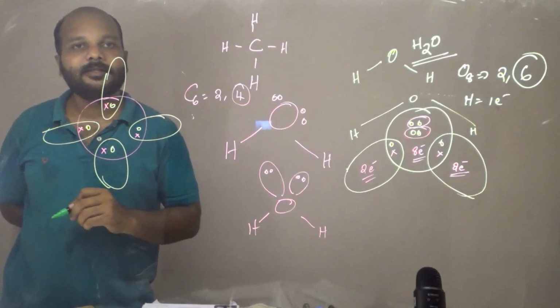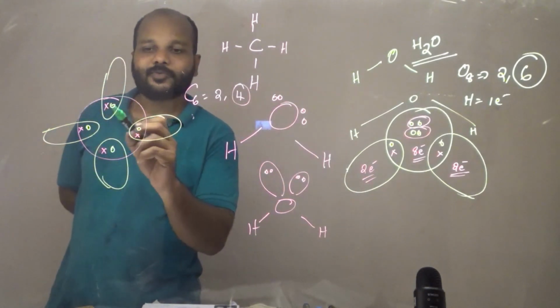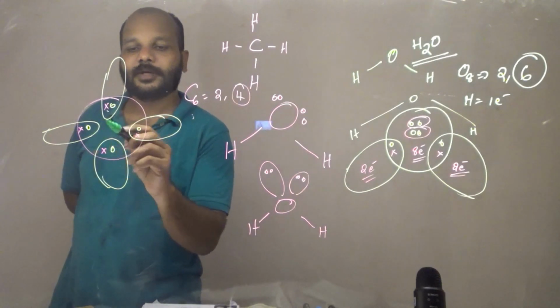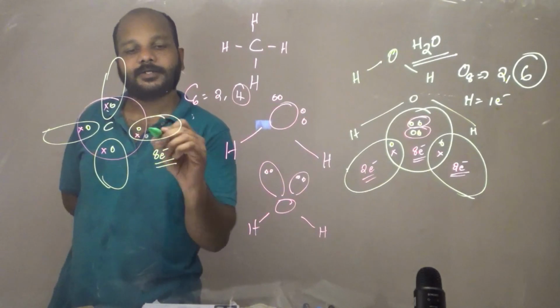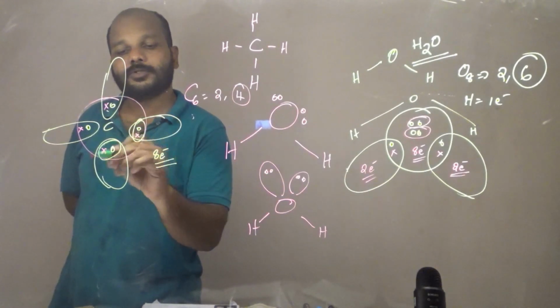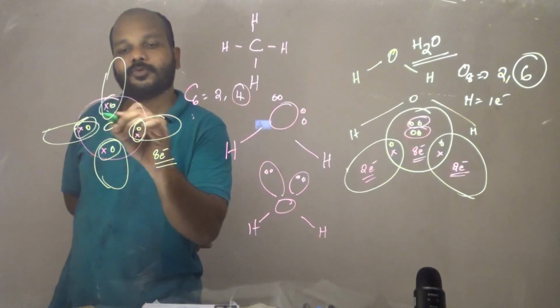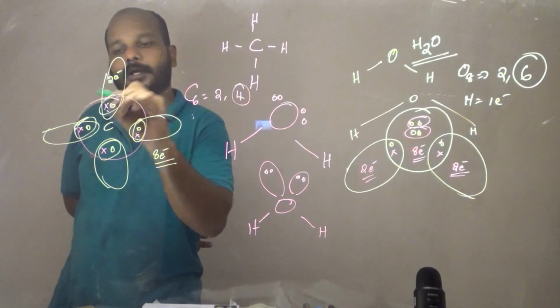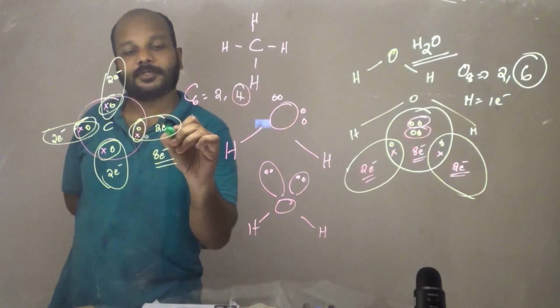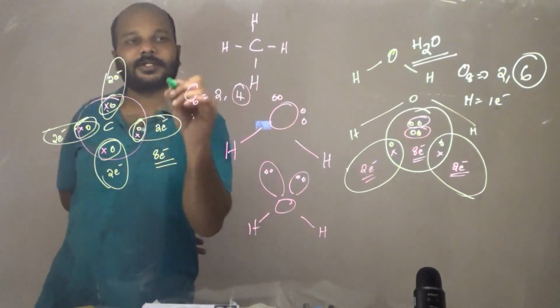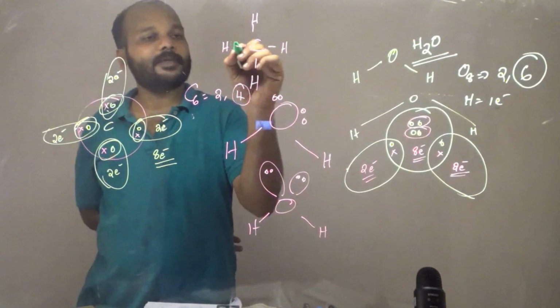So here carbon now has 1, 2, 3, 4, 5, 6, 7, 8, 8 electrons. Each hydrogen has 2 electrons. Okay. So this is the case. So hydrogen is having 2 electrons.